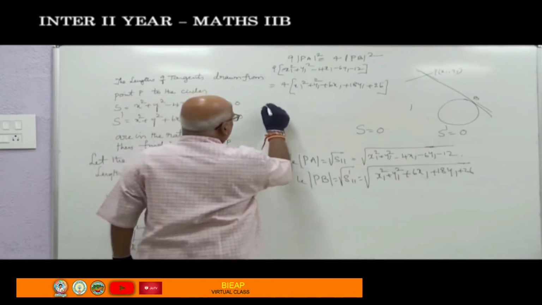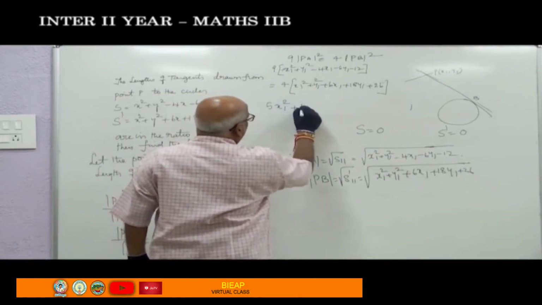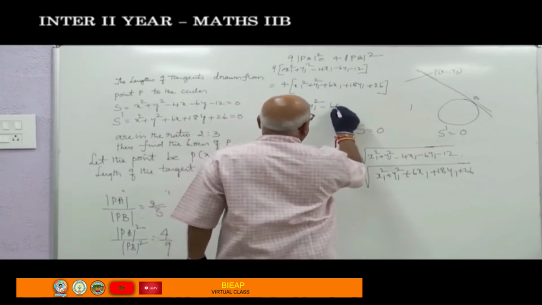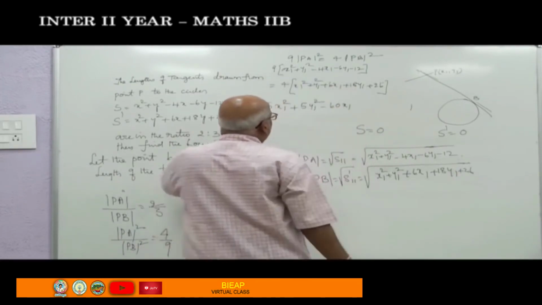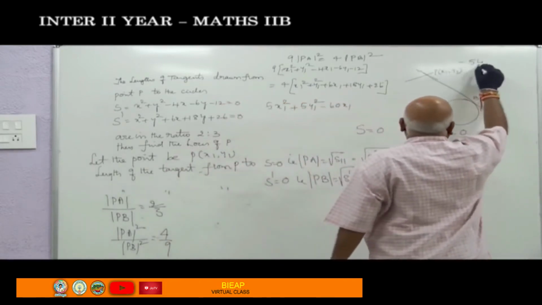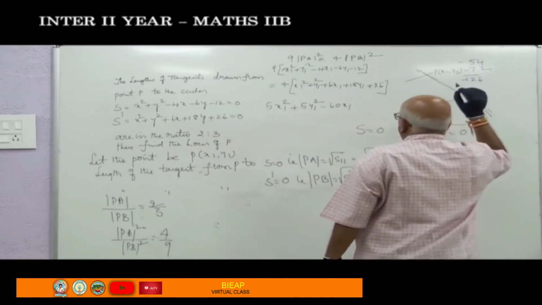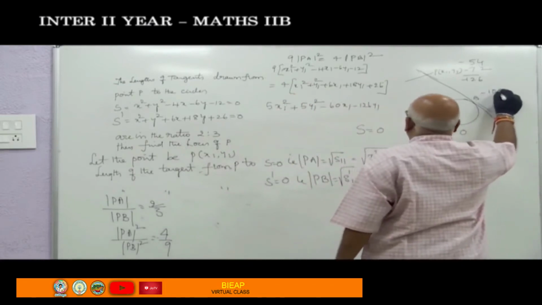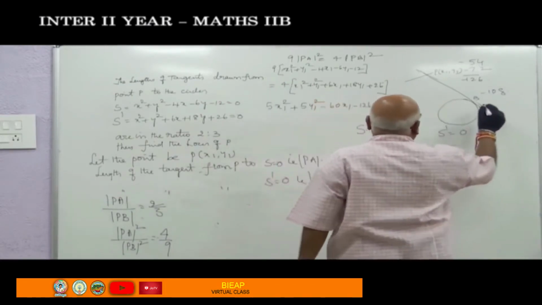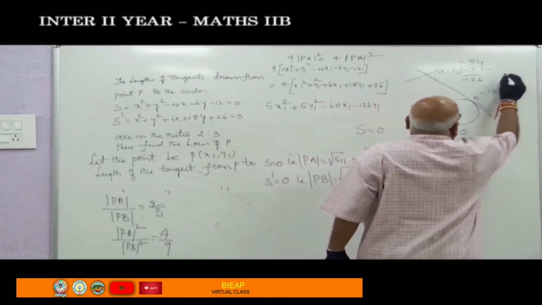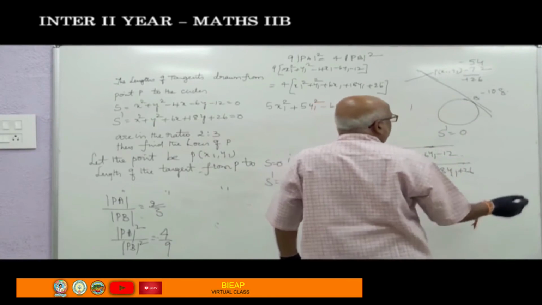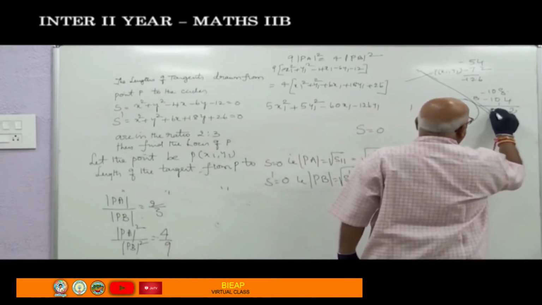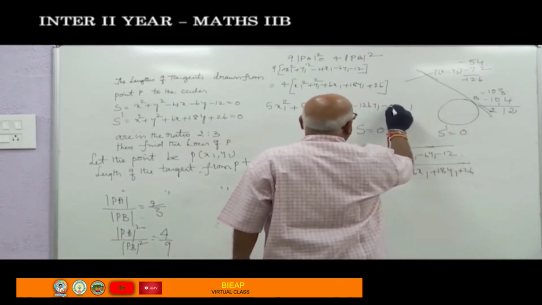9x1 square minus 4x1 square, 5x1 square, 5y1 square, minus 36x1 minus 24x1 is minus 60x1, minus 54y1 minus 72y1 is minus 126y1, 9 12s are minus 108, 4 26s are minus 104, minus 108 minus 104 is minus 212, equal to 0.